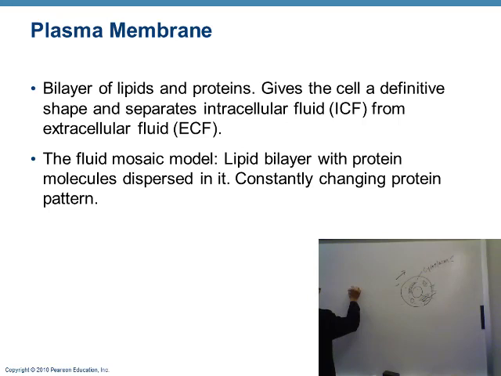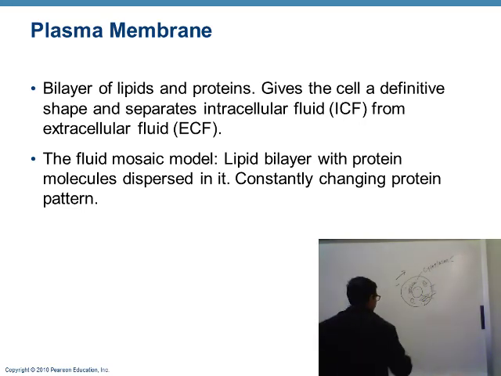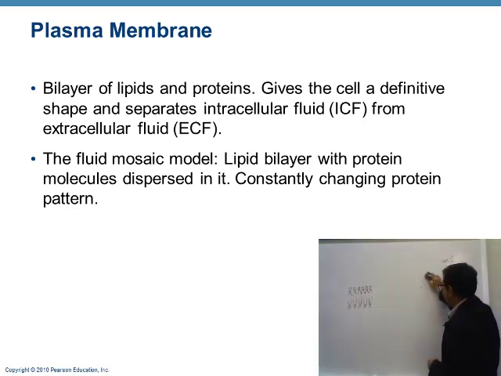Bi means two, so two layers of phospholipid. These are the phospholipid molecules, okay? So this is one layer of phospholipid molecules, and another is like this. Okay, so two layers of phospholipid in which proteins are embedded or inserted.